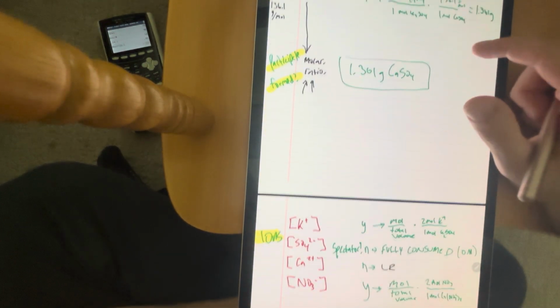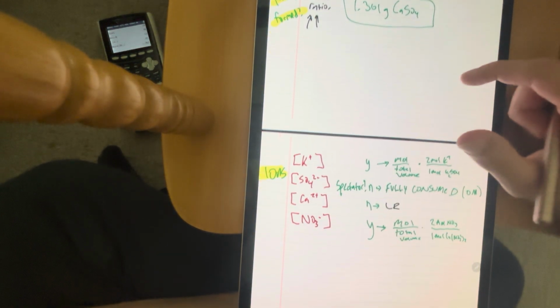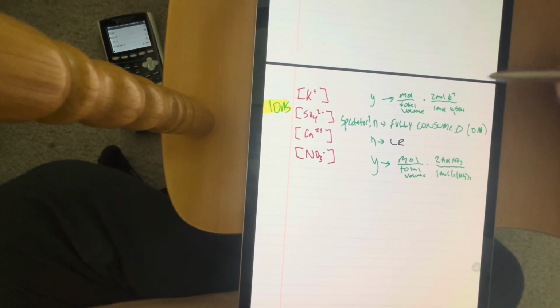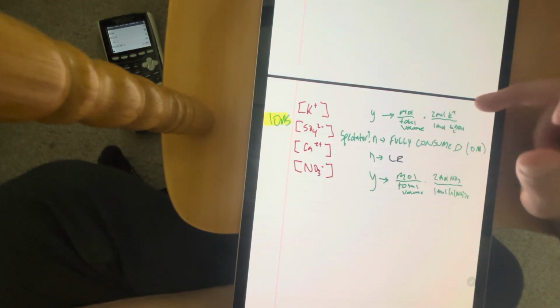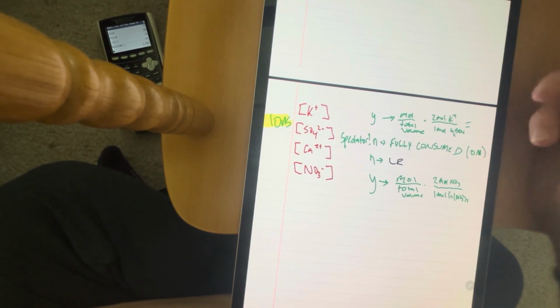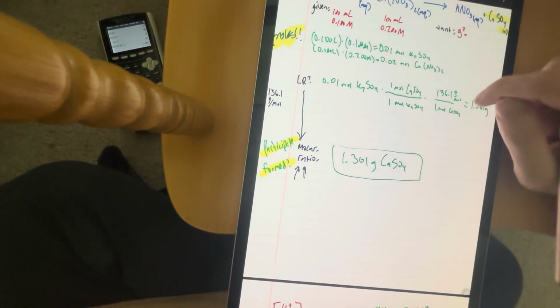And then you're not done there. Do not make the same mistake as I did. You want to multiply that times 2 moles over 1 mole, because that's the molar ratio, the coefficient, because there are 2 of these for every one of these. And so that molarity is going to kick out, well, let's just do that real quick.